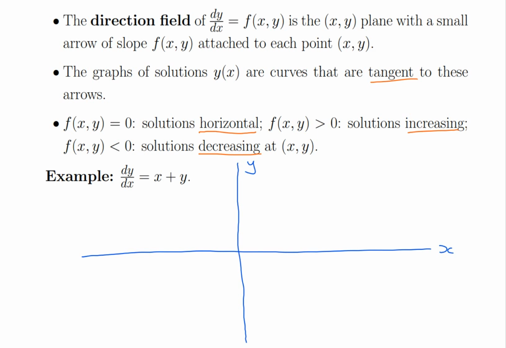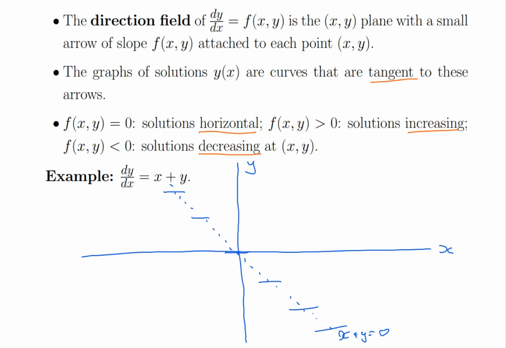But I'm going to be a little bit clever because I noticed that on the curve x plus y equals 0, then dy/dx is 0. So if I just sketch in a little dotted line there, that's the line x plus y equals 0, y equals negative x. Everywhere on there, the slope of any solution curve passing through that point must be horizontal.